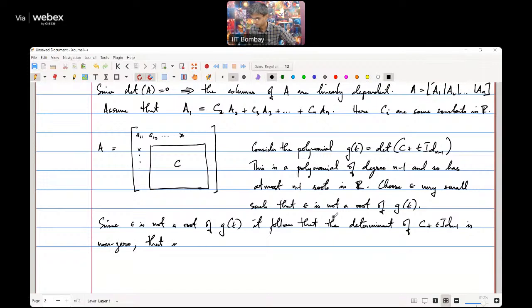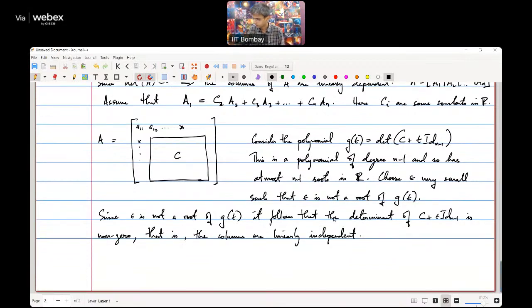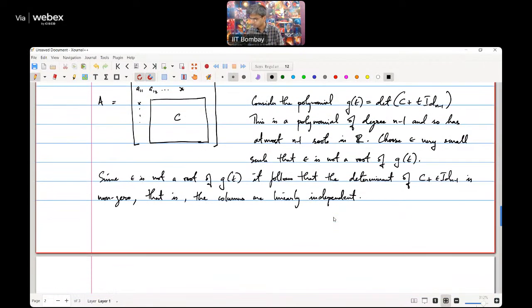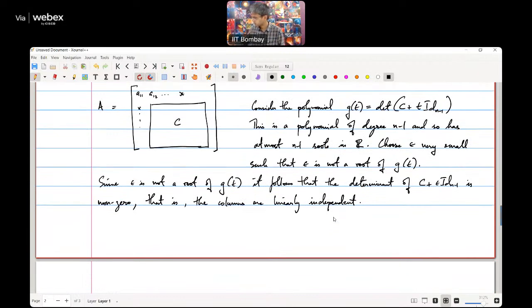That is, the columns are linearly independent. So now we are almost ready to define A prime. Let's look at this matrix.